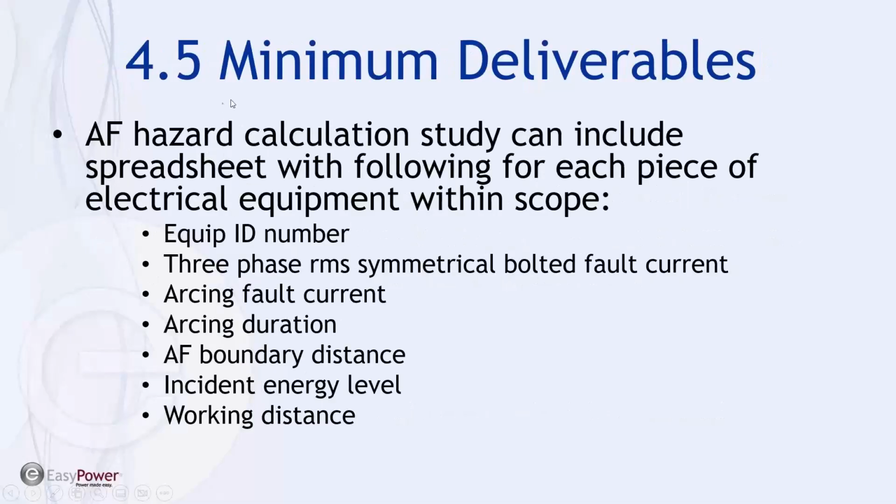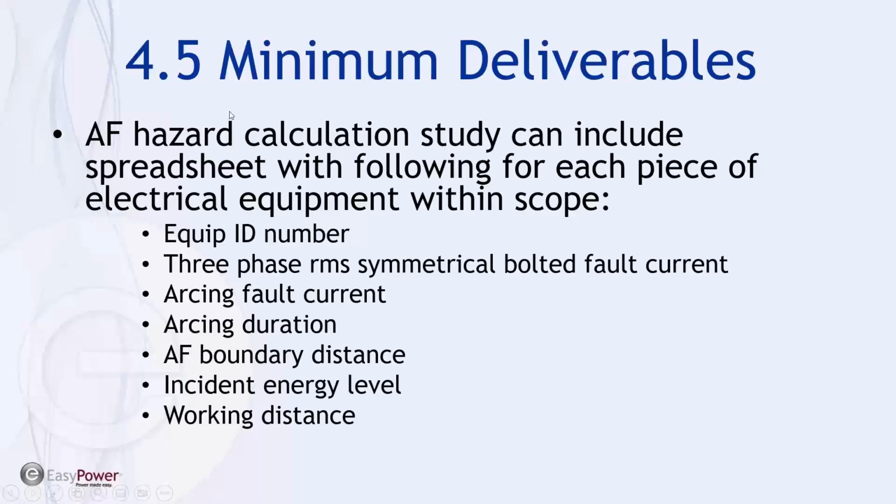Then the minimum deliverables is another area of, I don't want to say confusion, but misunderstanding. Some people think, well, no, I just provide the minimum deliverables and my work here is done.